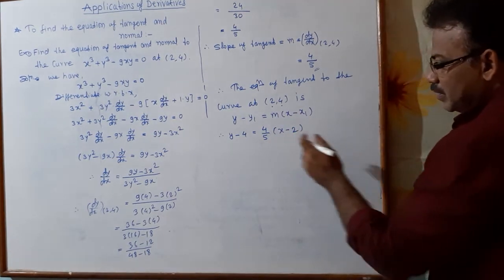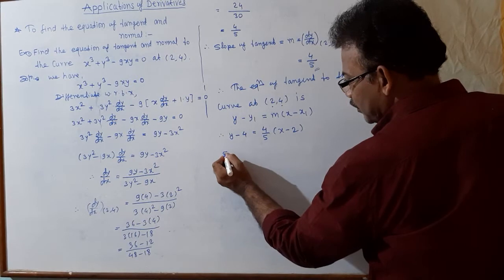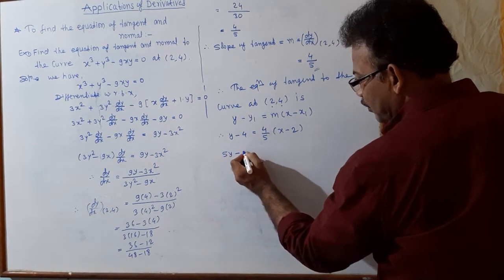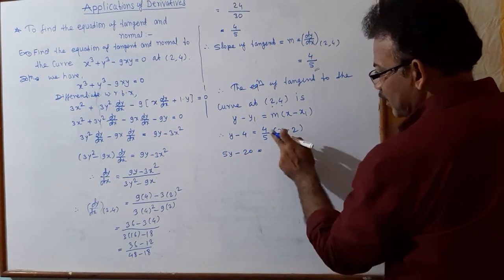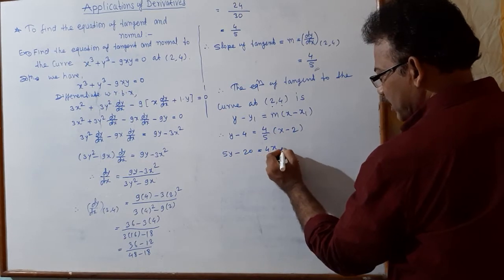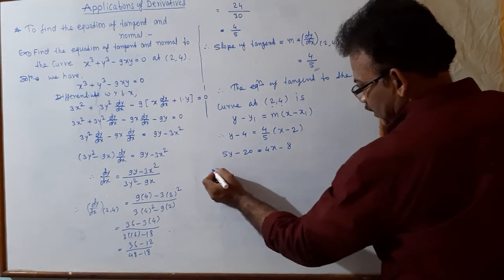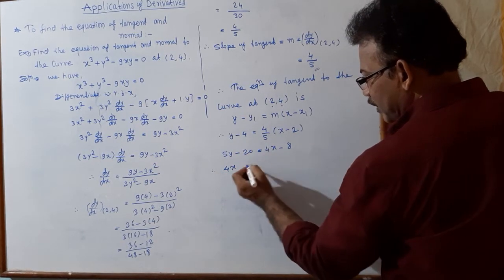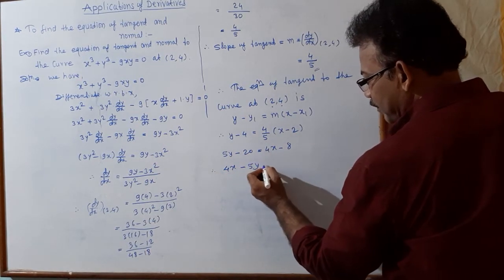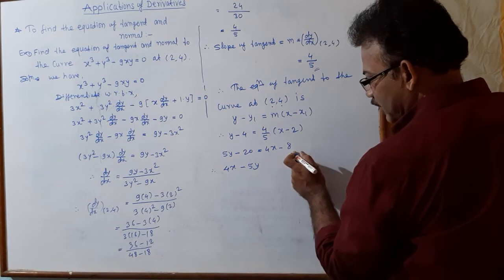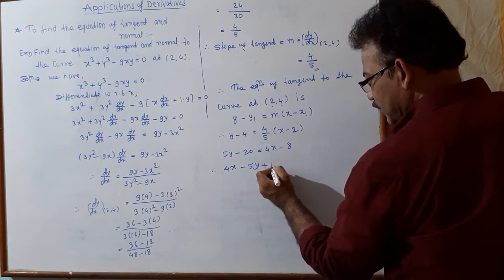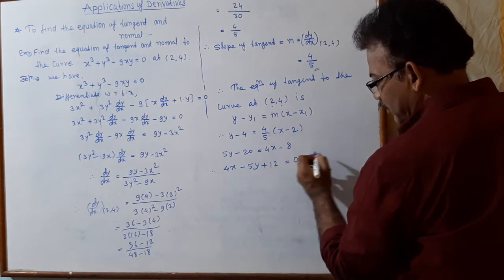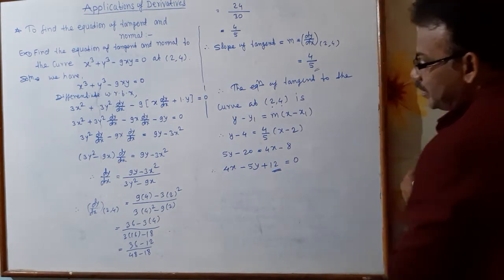Simplify this: take 5 on the left side, so 5y minus 5 into 4, 20, equals on the right side, multiply by 4, 4x minus 8. Therefore we get the equation 4x, taking 5y to the right side, minus 5y minus 8 plus 20, that is plus 12, is equal to 0. So this is the equation of tangent.